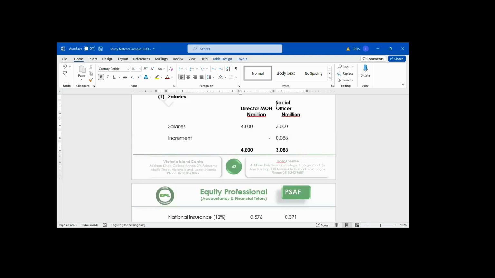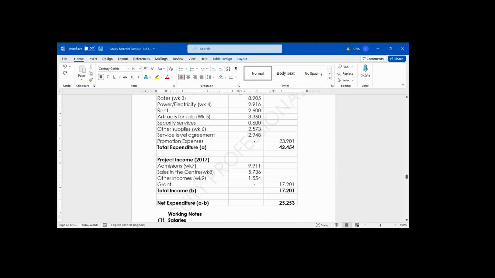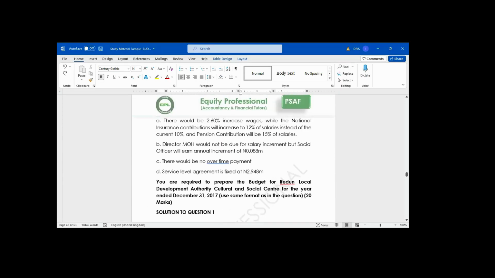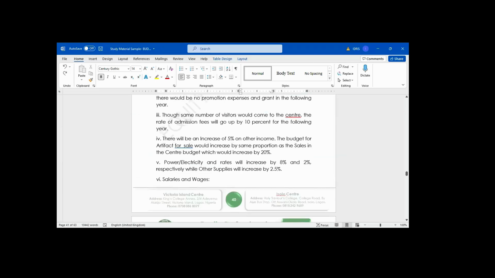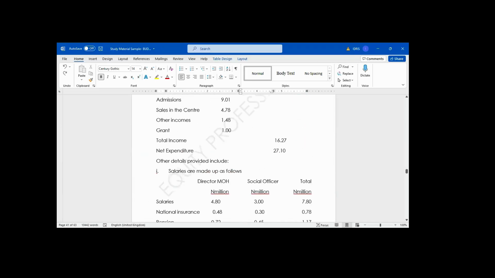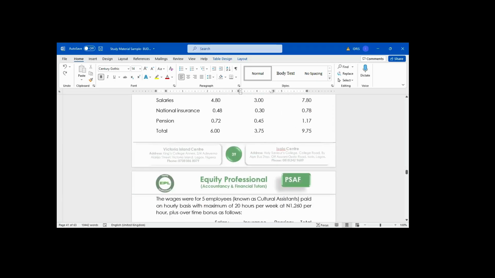12% increment for national insurance. That means before, how much was the national insurance rate? Instead of the current 10%. Look at the 2016 table.